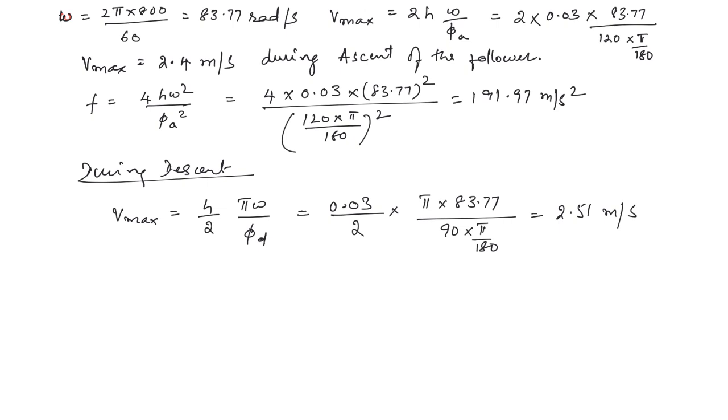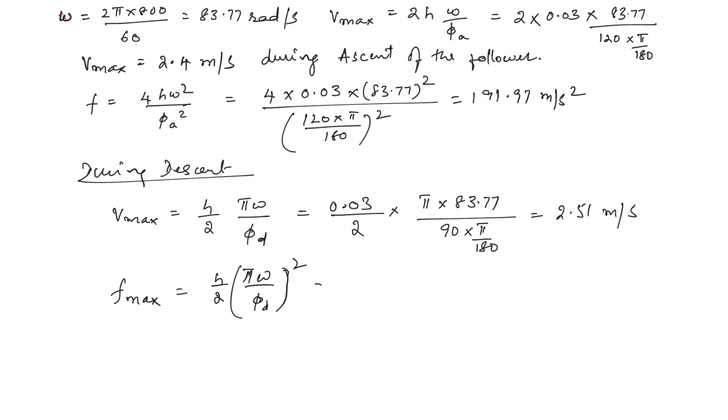Now we will find the maximum acceleration F max during descent. So that is equal to h by 2 into pi omega by phi d, of course phi d whole square.